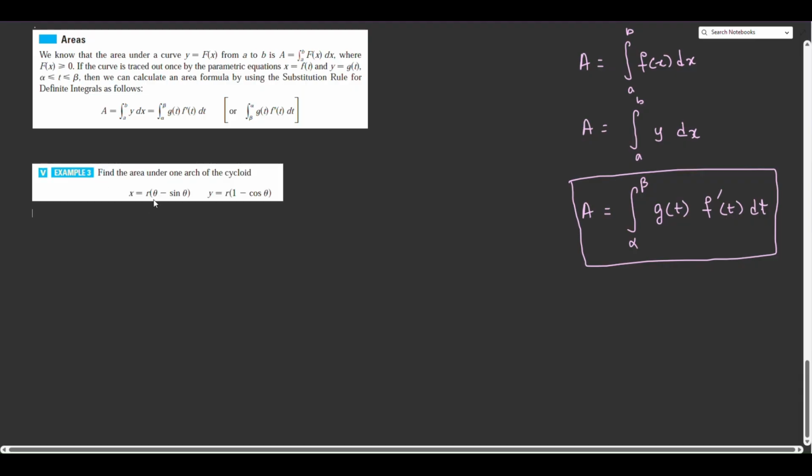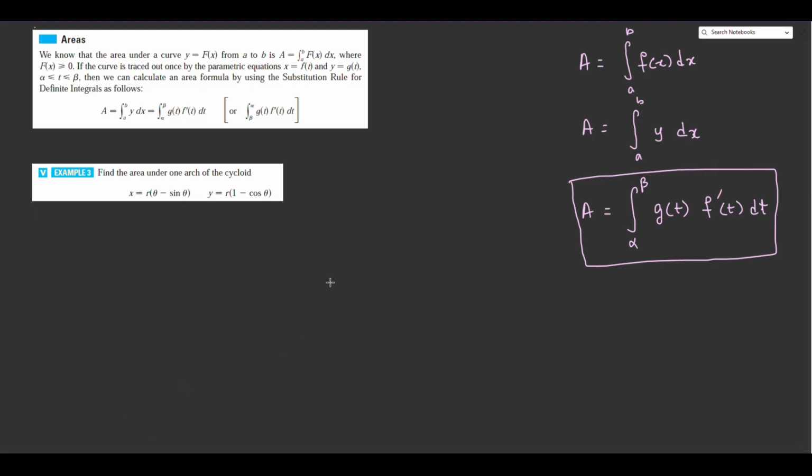This example is given to us: find the area under one arc of the cycloid. These are our parametric equations: x equals r times theta minus sine theta, and y equals r times 1 minus cosine of theta.